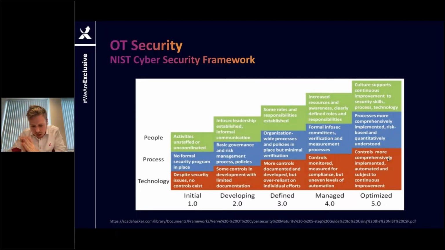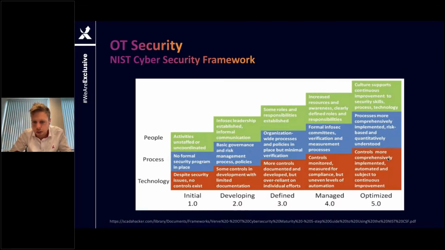You can also divide this in 5 levels, and depending on the level, you can see where you stand in your journey of securing your OT network. It's divided by people, processes, and technology.